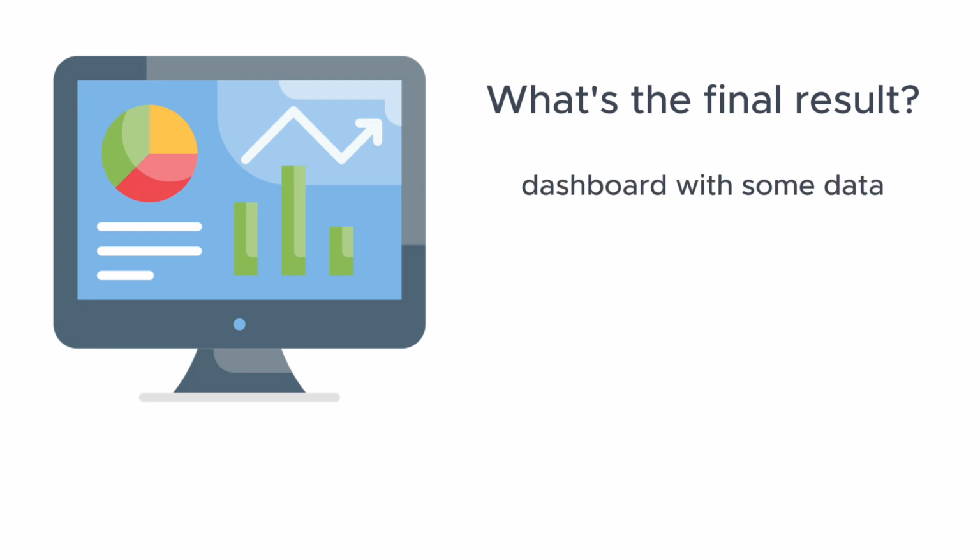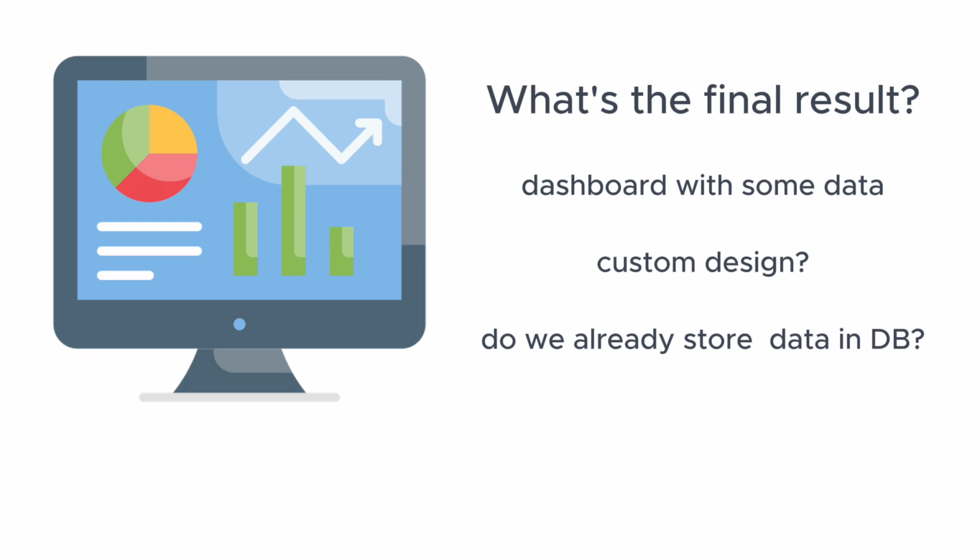Let's go back to our CRM example and let's say we need to build a dashboard. We need to ask ourselves, okay, what should be the final result? Okay, it's a dashboard with the following data. Then you need to think if you're going to create a custom design or use out-of-the-box libraries. Do we already store all data in the database or do we need to extend the backend to start collecting all data?